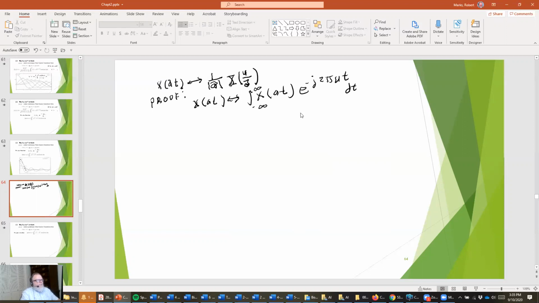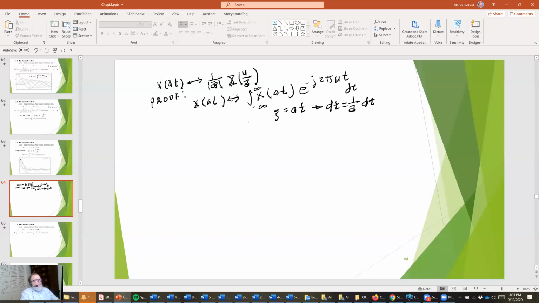Now, what one does is perform a variable substitution, c equal to at, which means that dc is equal to a times dt, so dt is equal to 1 over a times dc. That's all well and good.